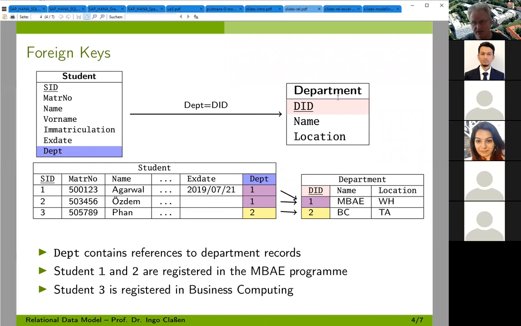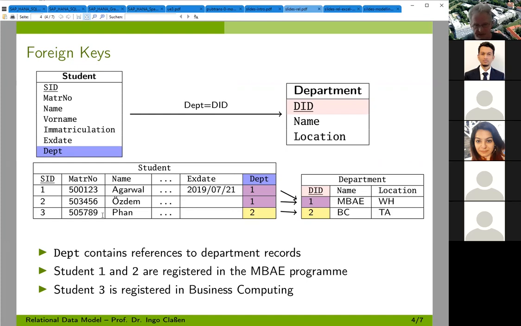So having now two tables, student and department, and having a connection between those two, because students are enrolled within departments, this kind of connection is called a foreign key. So this is the technical term for that, a foreign key from one table to the other one.